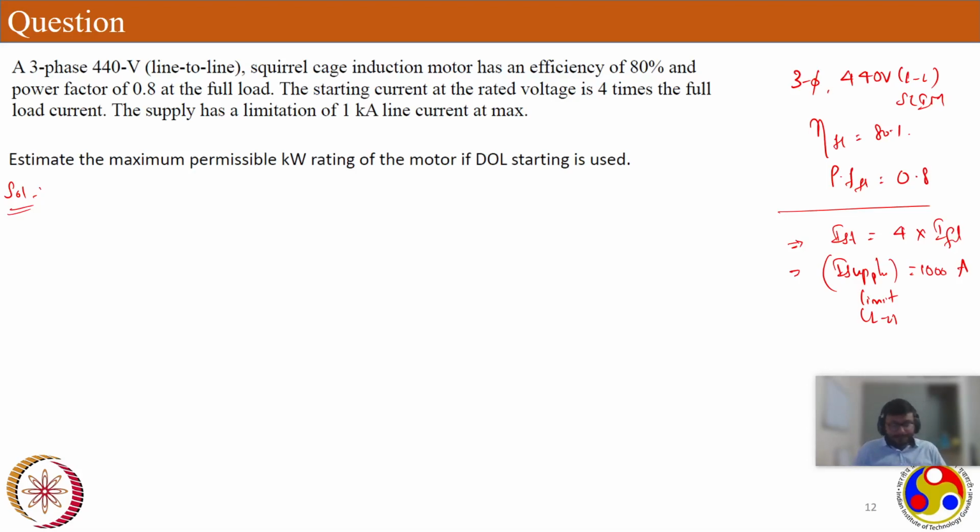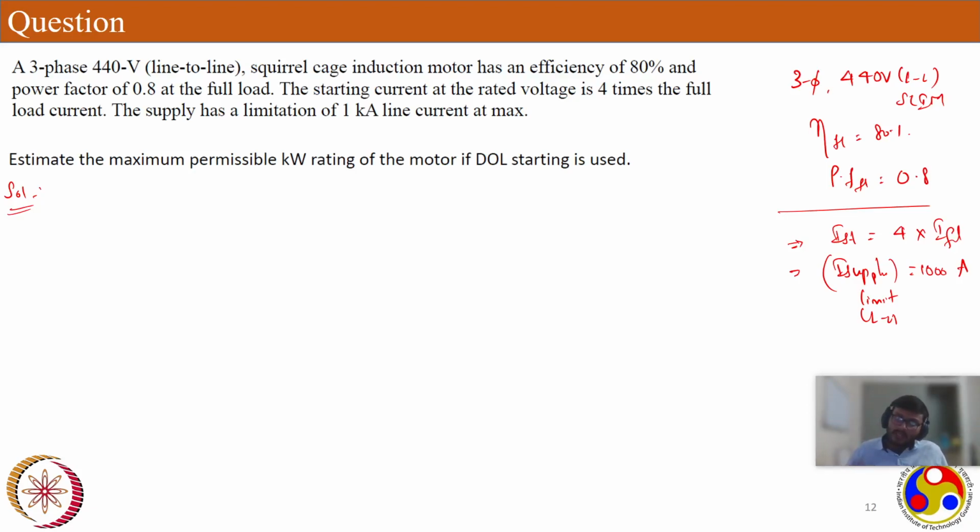So they are asking what is the maximum kilowatt rating of the motor I can use. It means that I will draw 1000 amperes line current from the supply anyhow. That's the maximum limit. I want to utilize all the maximum current from it. Let's say I am drawing the line current of 1000 amps. I have to use the entire supply limit so that I can make a very high kilowatt rating motor.